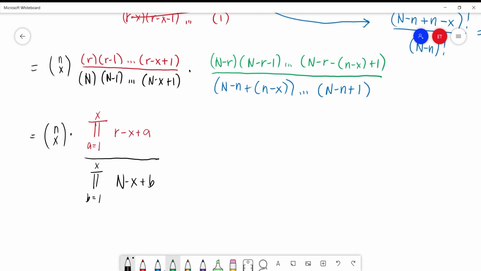And as we can observe here, for the numerator and the denominator, we can actually see that it both ends with x and it both starts with 1. So we can just write it as 1. We can just write a single big pi and then rewrite k as the integer. Here we go. And now for this side, we write another big pi. Let's write c is equal to 1 since it started with 1 and it's gonna end when c is equal to n minus x.